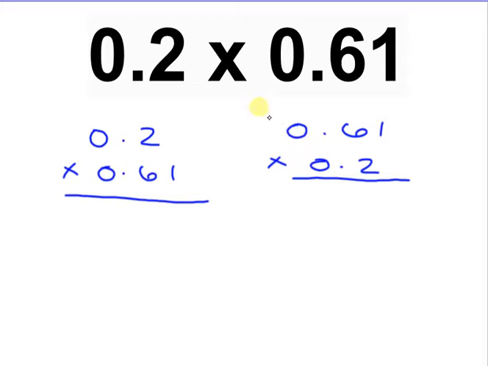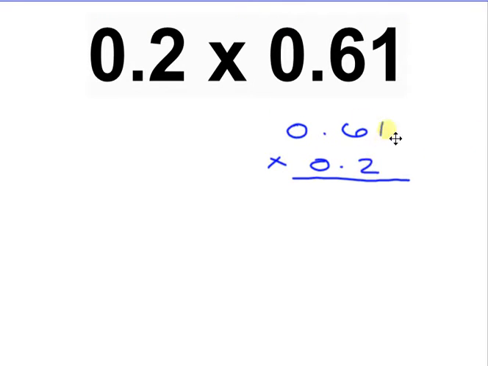I personally like to write it out this way because I like the number with the least amount of digits on the bottom because it's less rows of numbers for me to add up at the end. So that's the way I'm going to do it, but you can also do it this way. It's perfectly acceptable. But I like to put the number with the most digits on the top.